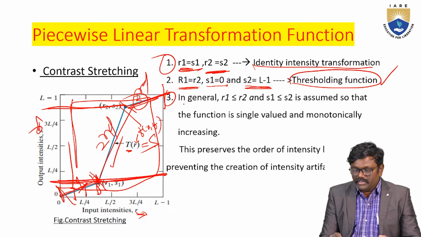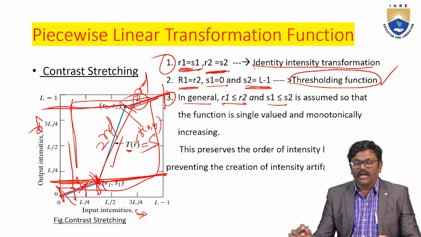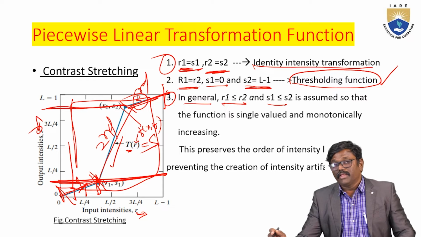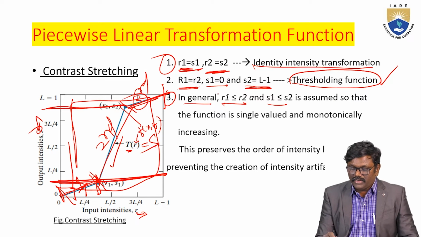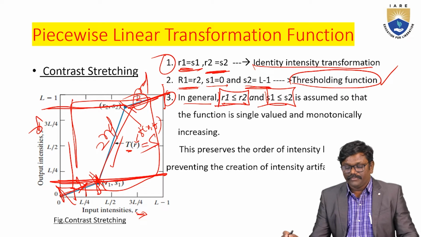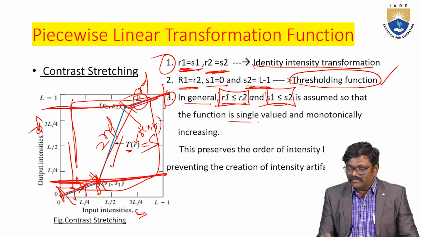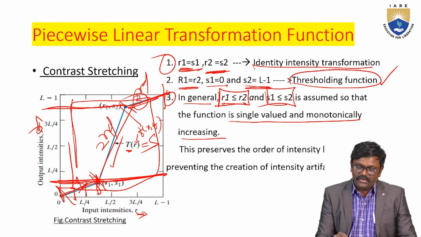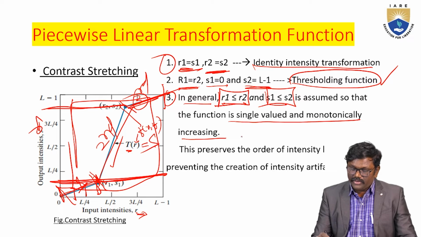In general, r1 should be less than or equal to r2, and s1 will automatically be less than or equal to s2, because this condition holds at the input intensities, so automatically the output will be the same. It is assumed that this function is single valued and monotonically increasing. See here, monotonically increases. Sudden changes from here to here.